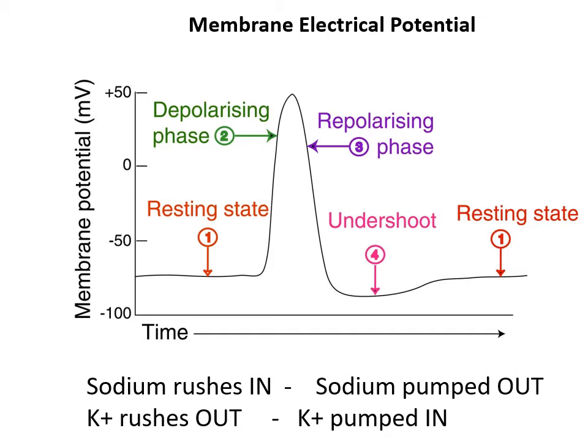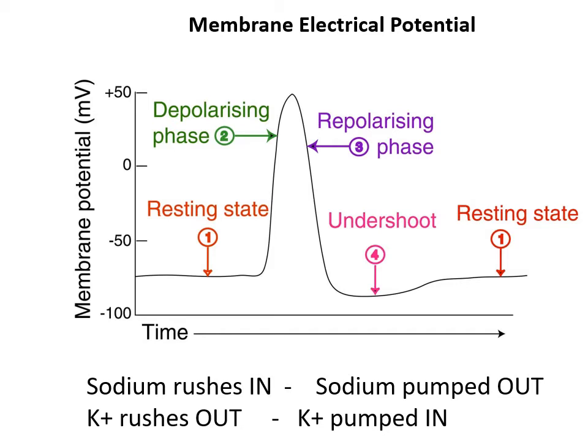When a cell depolarizes, sodium rushes in, potassium goes out of the cell, you get this big spike of depolarization, and the membrane potential becomes positive temporarily. And then once the pump starts to pump the sodium out of the cell and potassium back into the cell, you get the repolarization phase. And it goes back to a resting state.